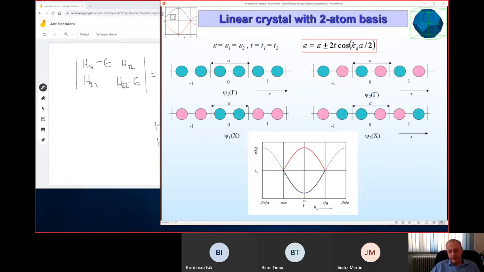But still, these states at the edge of the new Brillouin zone are doubly degenerate. So these two bands touch each other.